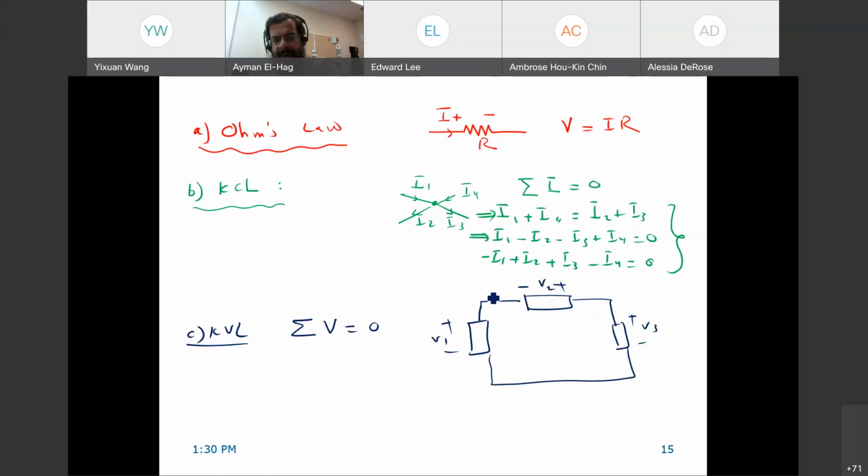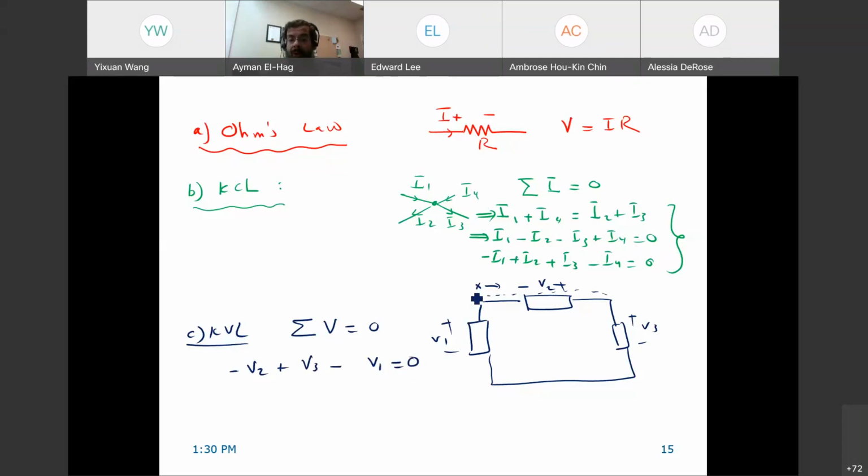So we said that assume that you start at a certain point, you go through the whole loop, and you add the voltages with the sign of the first polarity you see. So we see here, if you're moving this way, so we said minus V2 plus V3 minus V1 equal to 0.